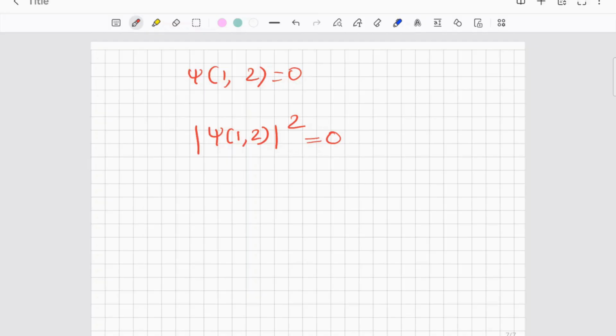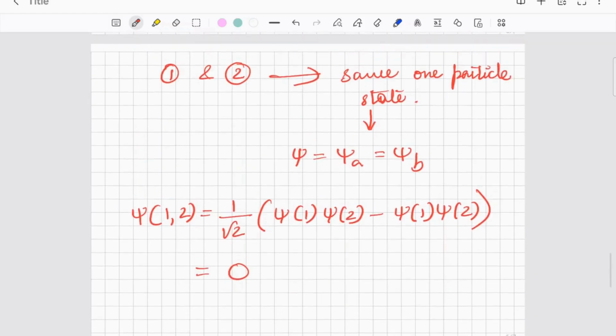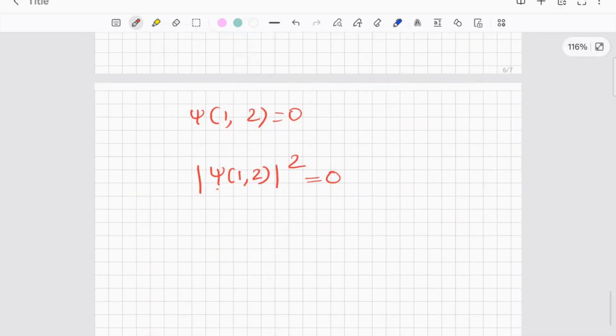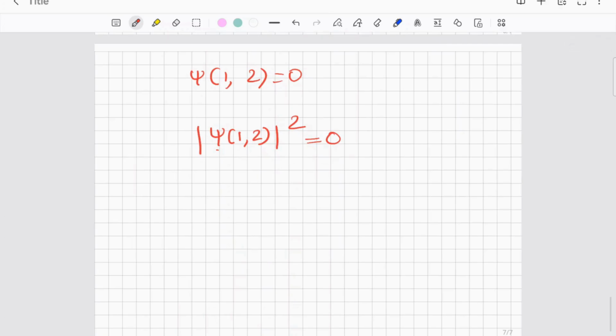In other words, the proposed two-electron state does not exist, because its wave function is 0. So it's not that two electrons aren't allowed to be together. The quantum state itself disappears when we try to put two identical fermions into the same state. Electrons are fermions. Hope this episode is clear to you.